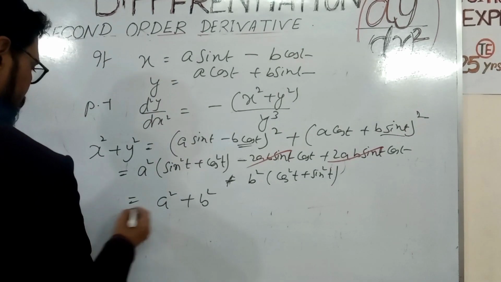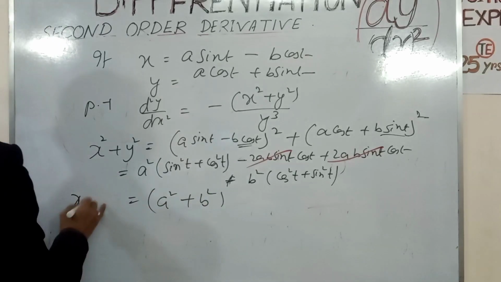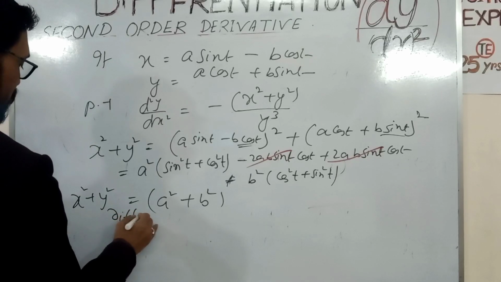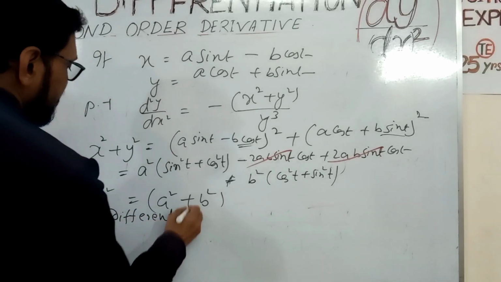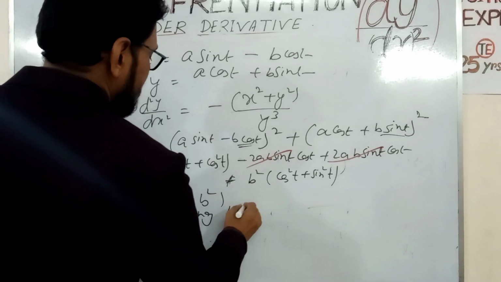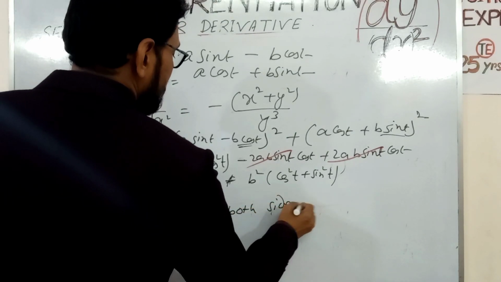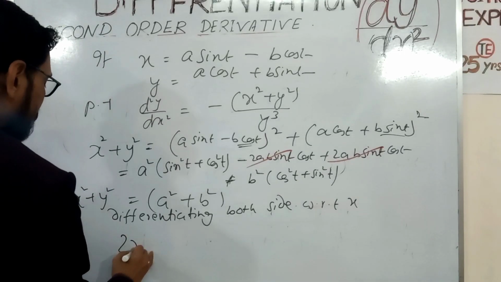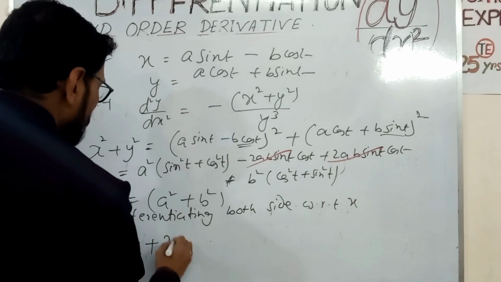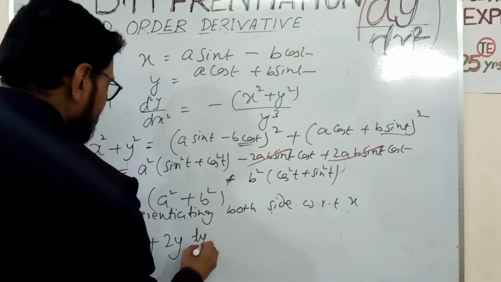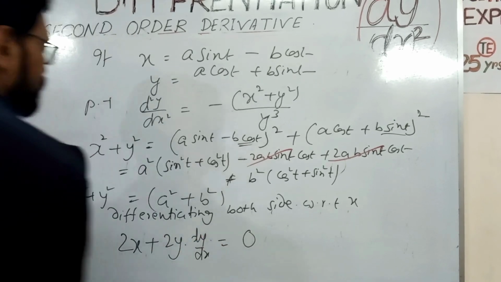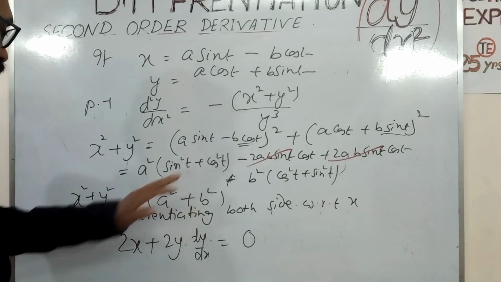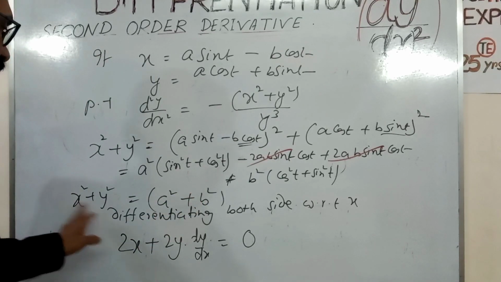Now this is constant. So x square plus y square equal to this. Now if we differentiate both sides with respect to x, what do we get? x square derivative is 2x, y square derivative is 2y into dy by dx, equal to 0, because a square plus b square is a constant term.